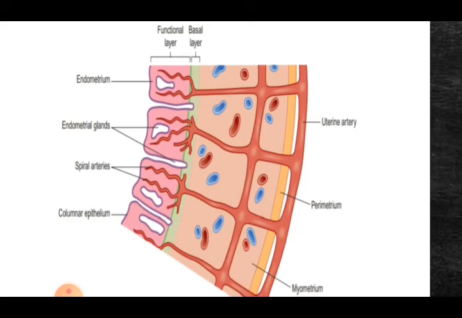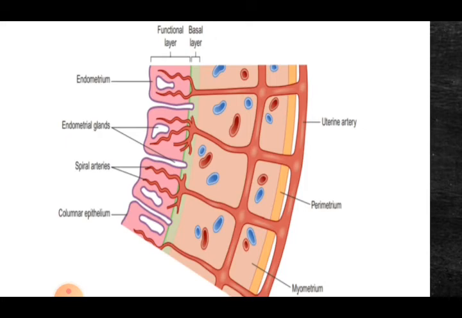So just remember that the myometrium, as myo means muscles, will be composed of smooth muscle fibers. The last layer is the endometrium that goes through the changes during the pregnancy and in the menstruation. This consists of columnar epithelium covering and a layer of the connective tissue that contains a large number of mucus secreting tubular glands.